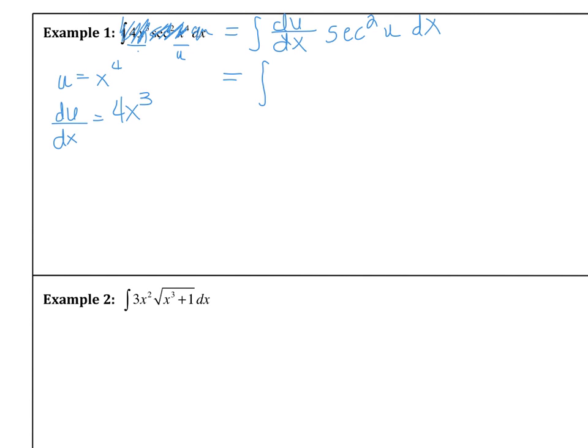Because just like we hope, our dx's cancel, one on bottom, one on top, and I can now write the integral of secant squared of u du. And we know what the antiderivative of secant squared is, right? That would be tangent of u plus c.